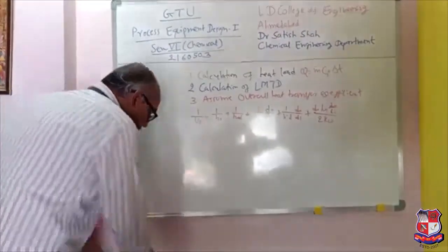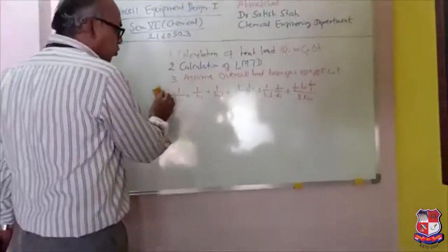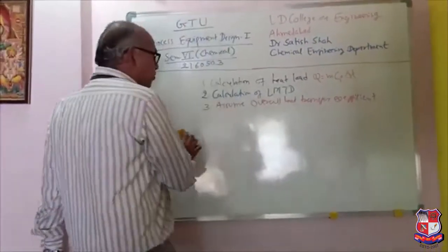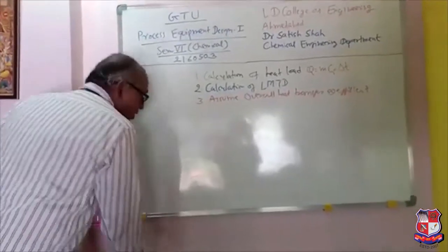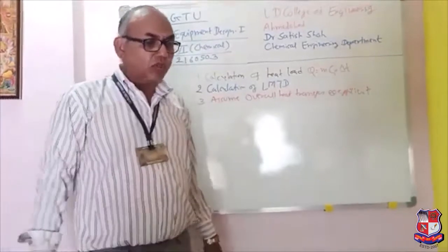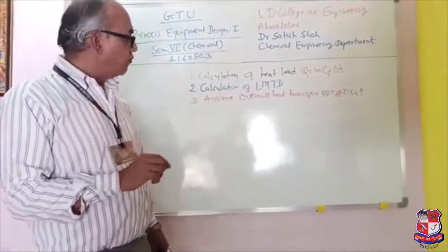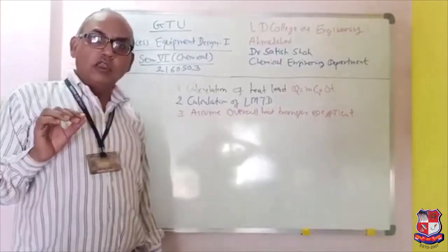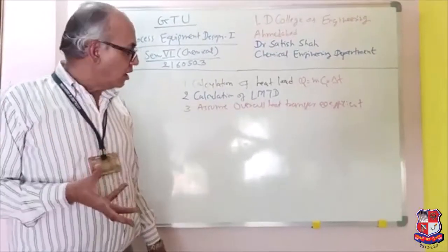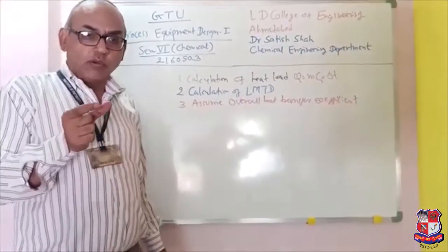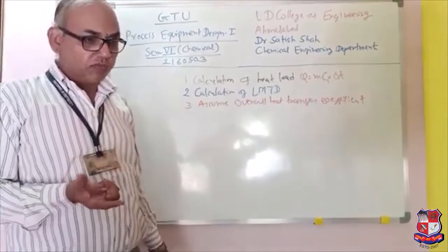Now you have the question of how to assume the value of the overall heat transfer coefficient. So in the book, they have given certain guidelines. There is one chart or one table given in the book, where you will find that for a particular system of fluids, when you want to do shell and tube heat exchanger design, you can assume the value of the overall heat transfer coefficient, for which they have given some range.